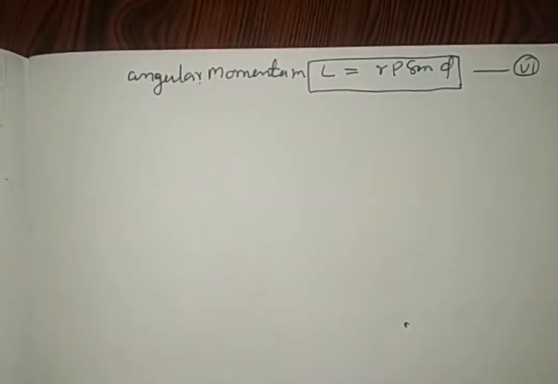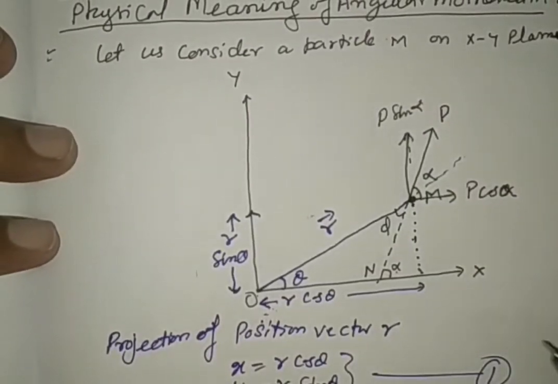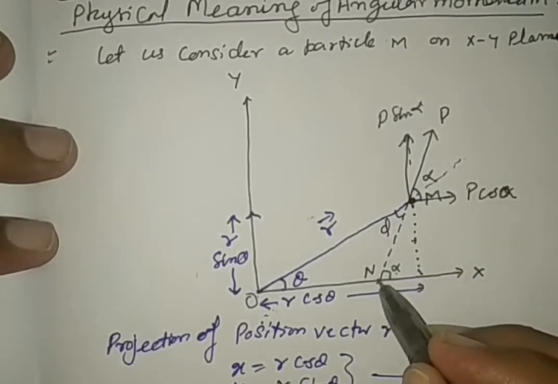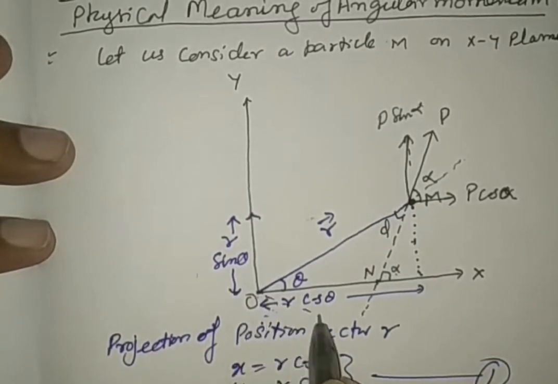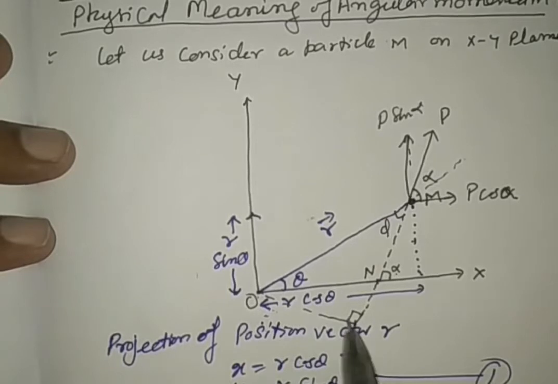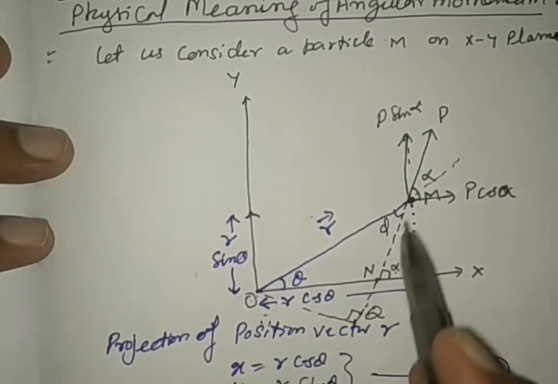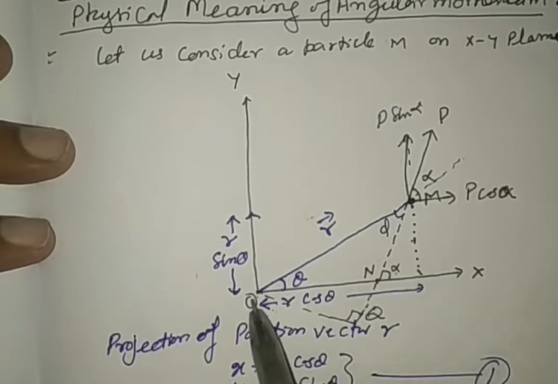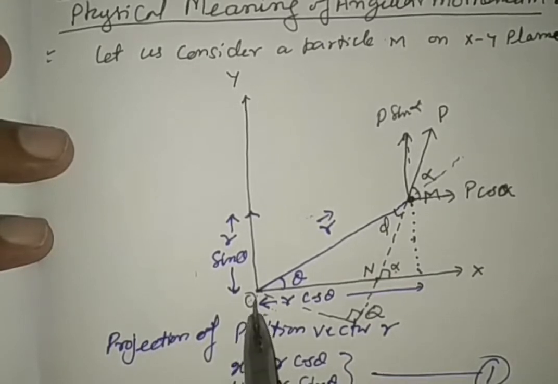Now once more focus on the diagram. See the diagram very carefully. We are proceeding with this line backward in such a way that when we meet from here, it makes 90 degrees at point Q. So in right angle triangle OMQ, sin phi is equal to OQ by OM.